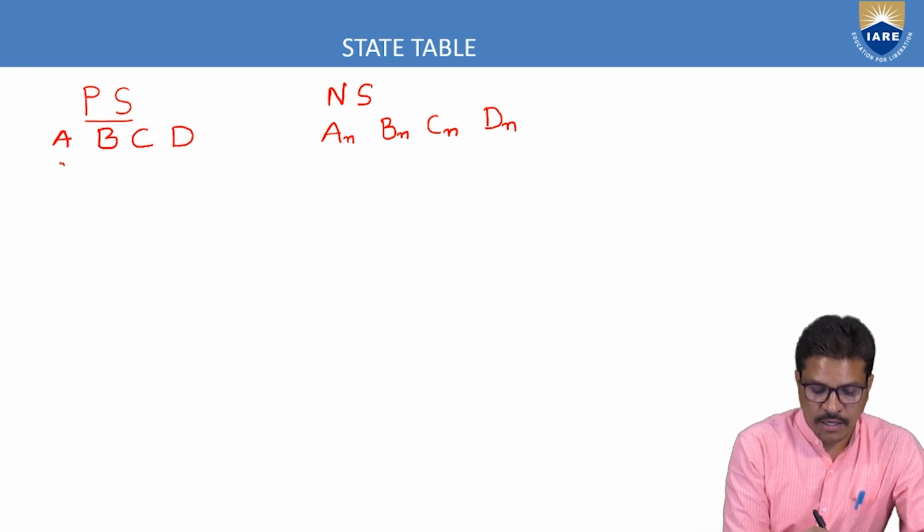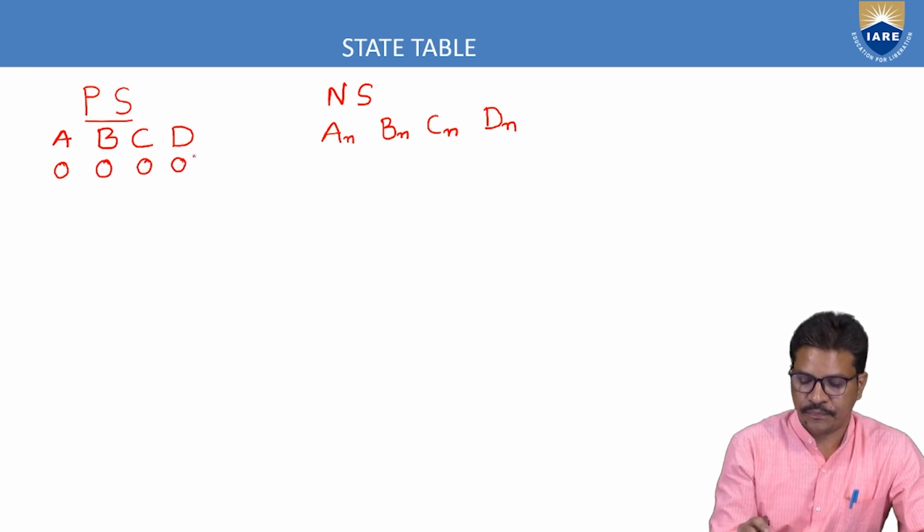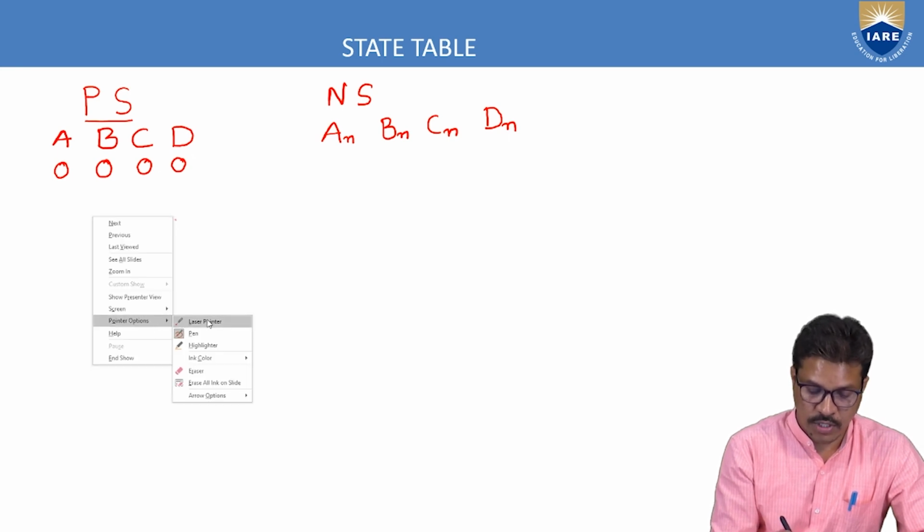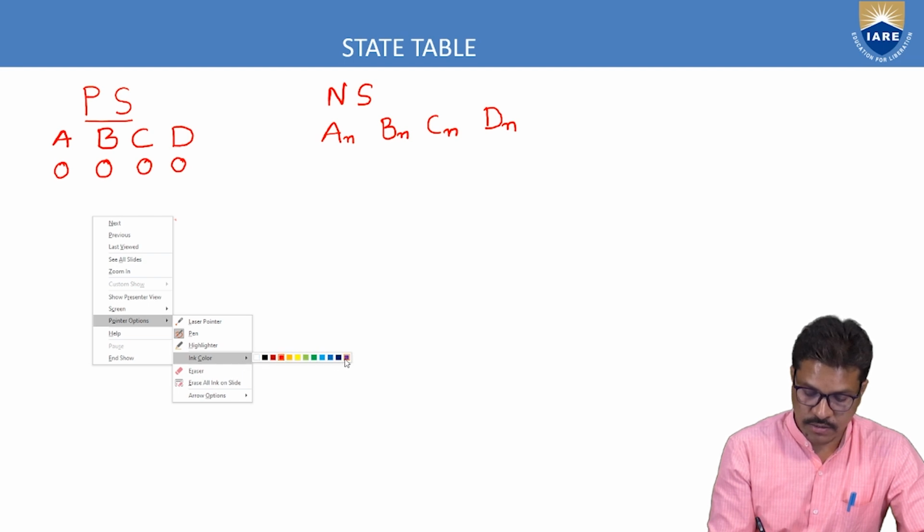Let us take, initially it is in 0 state. We will take a pointer, a color.